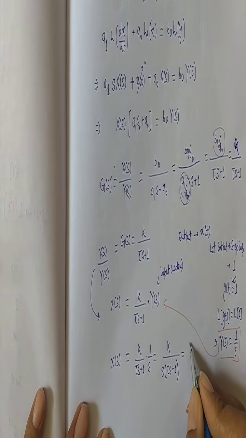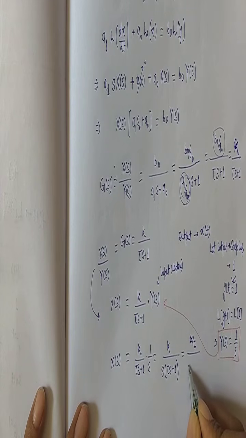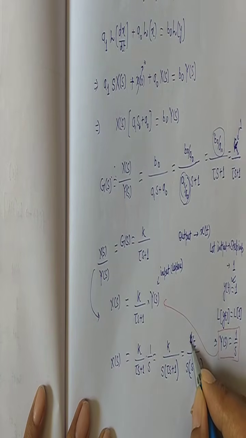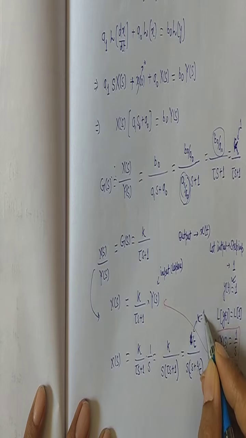What I do, I will do a slight transformation. I will write 1 upon tau times k, and this I write as s plus 1 upon tau. For the time being, I will write k also 1. So this k is equal to 1.